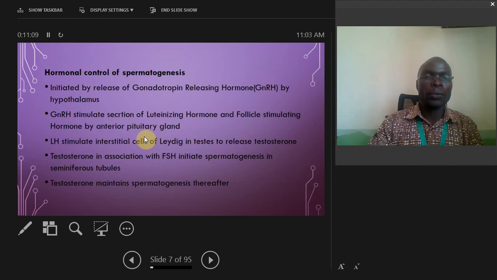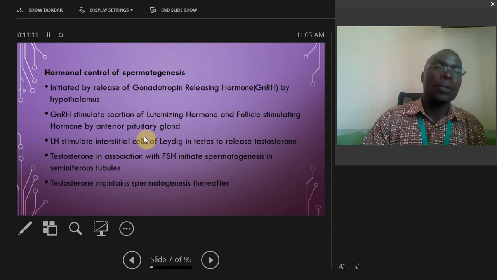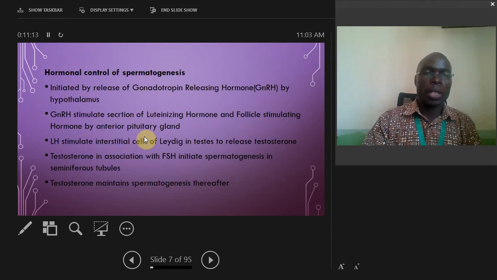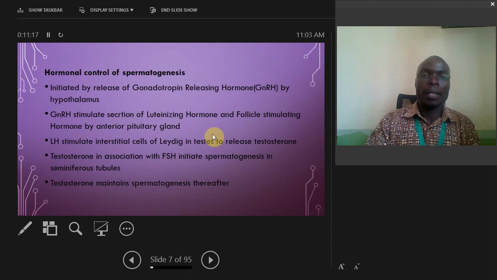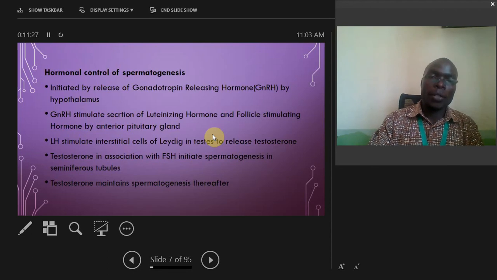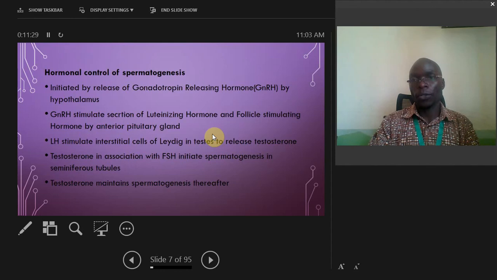Now, the role of luteinizing hormone during spermatogenesis is to stimulate the interstitial cells of Leydig in the testes to secrete testosterone. Testosterone is a very important hormone in spermatogenesis and also plays a key role in the onset of male secondary sexual characteristics.